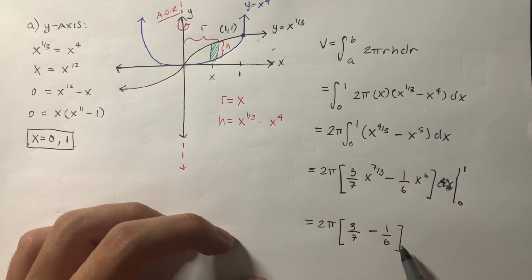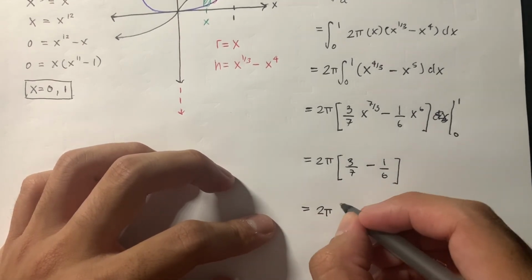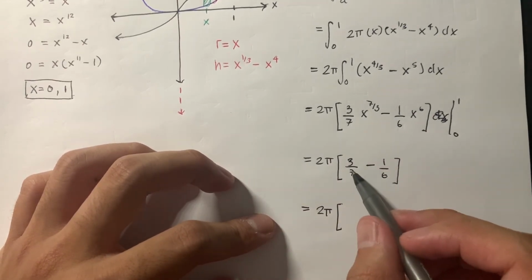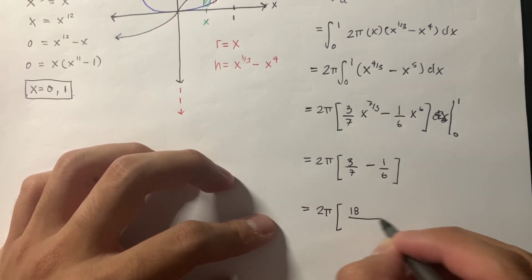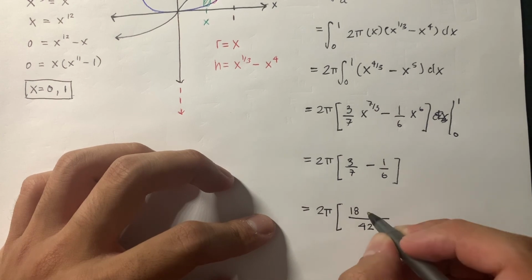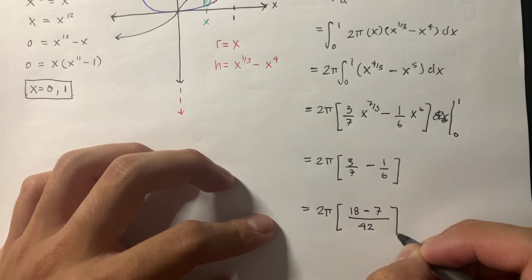To combine them in like terms, this becomes 2 pi, and we multiply by 6 and by 7, so the whole thing is over 42. 3 times 6 is 18, minus, this has to be multiplied by 7, so we put that 7 there.